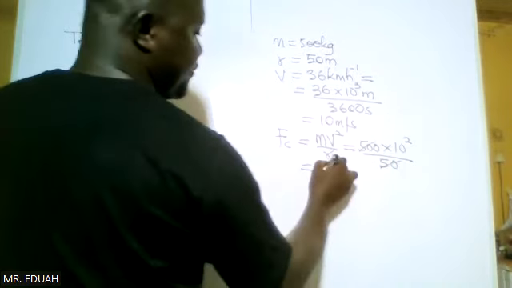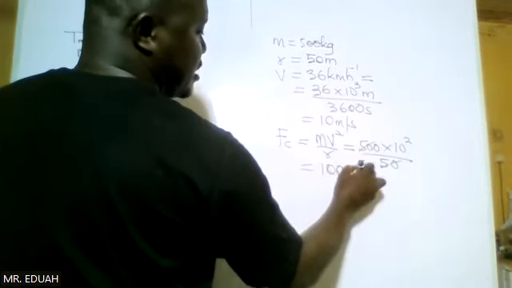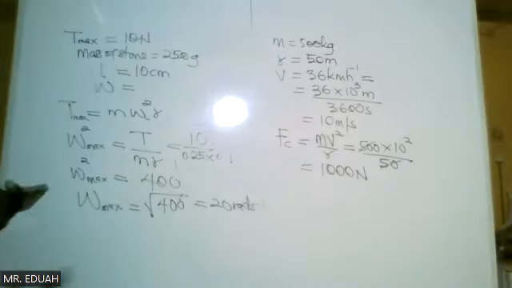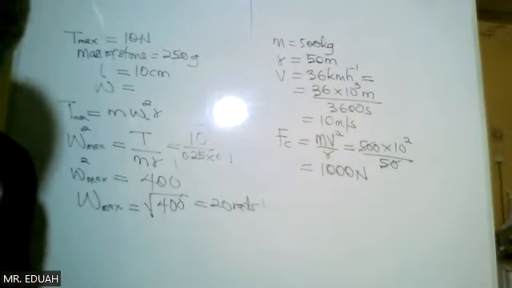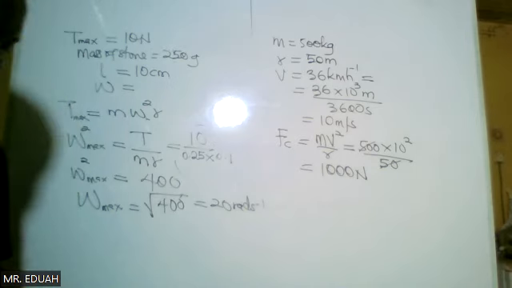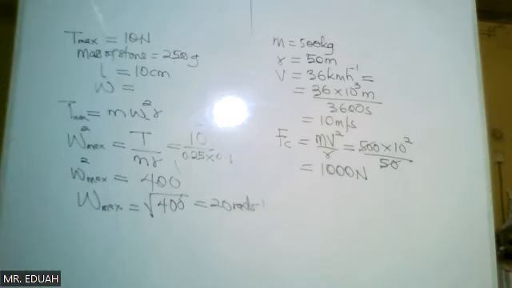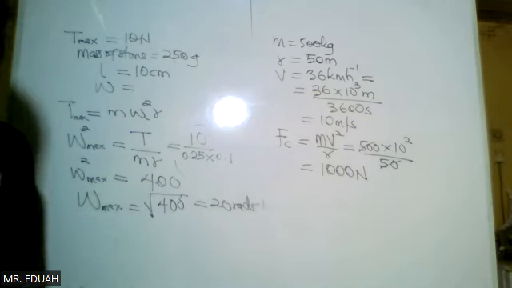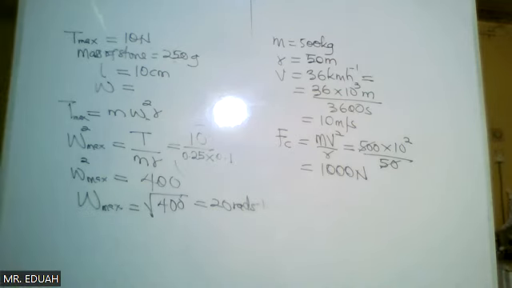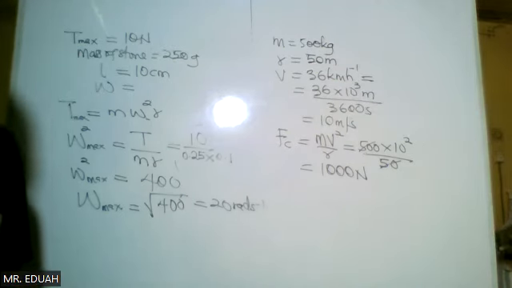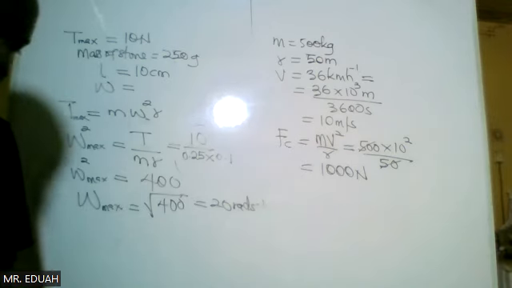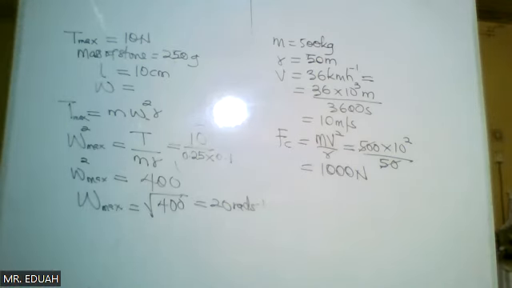So we have 1,000 newtons to be the centripetal force. It isn't a difficult question, but you need to understand what to do. If other values are given in SI, you must convert all other units to SI units and then work with it.